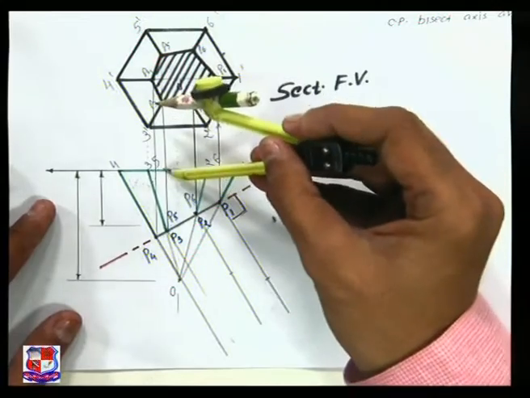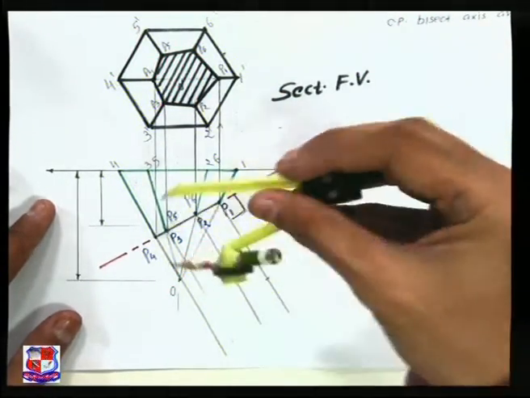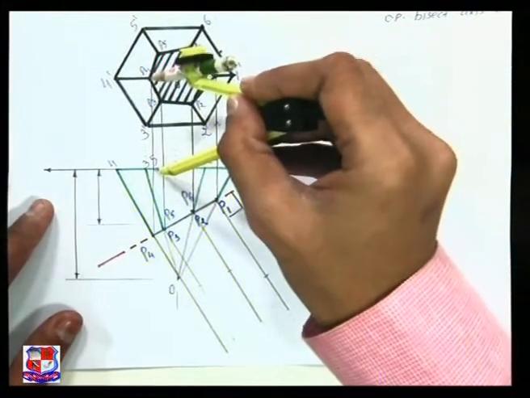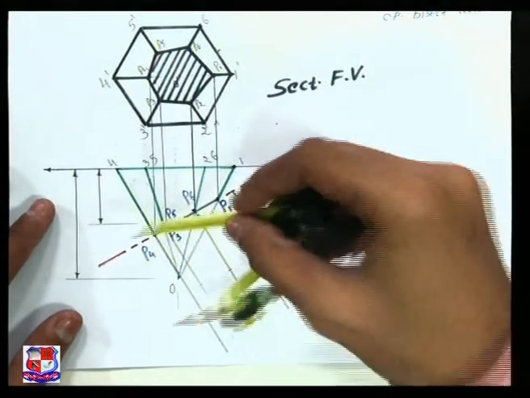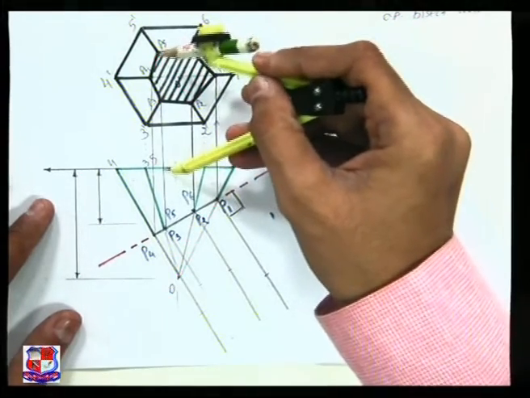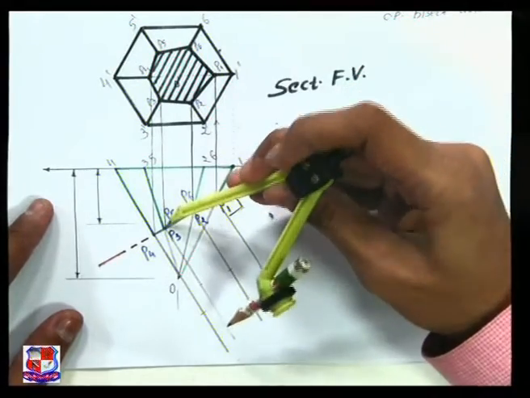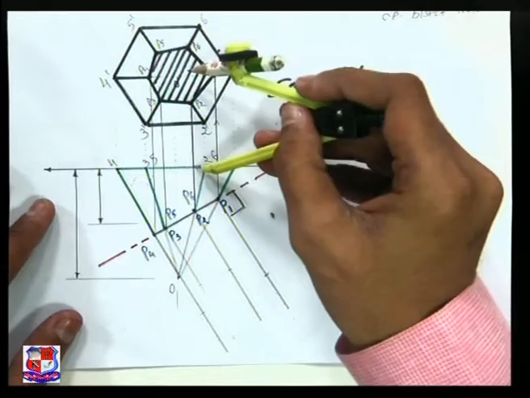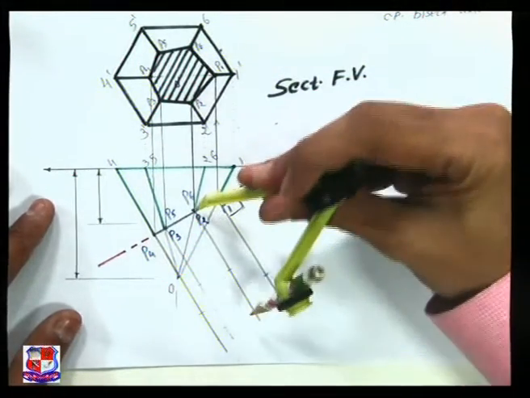Then XY line to P3, P3 somewhere here. XY line to P4, measure this distance, it is equal to XY line to P1, so it is over here. Then XY line to P5, take in sequence to avoid the errors. XY line to P5, and XY line to P6, this distance, and from P6 cut it over here.